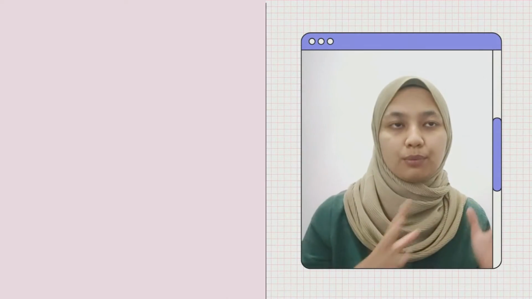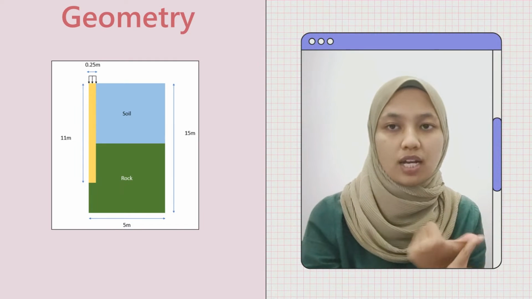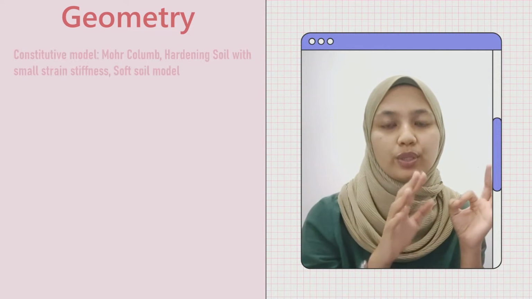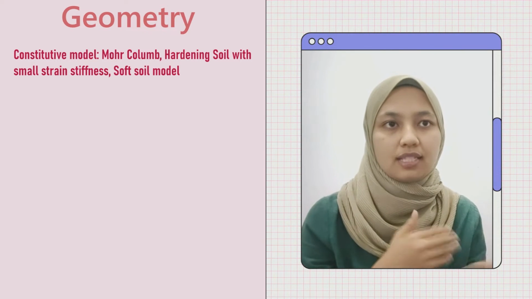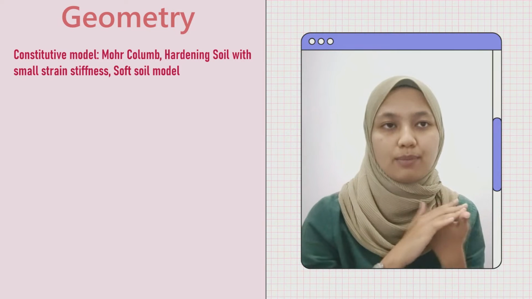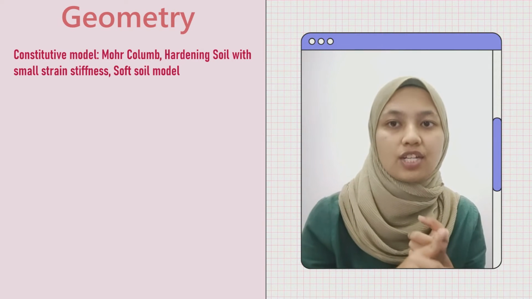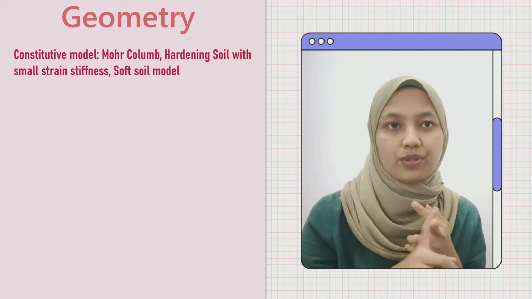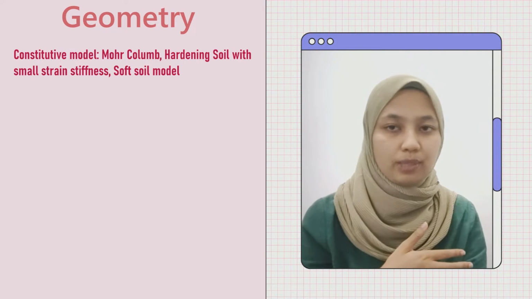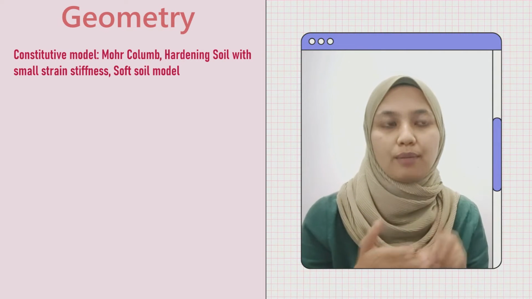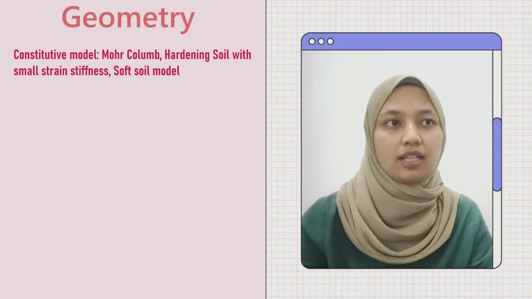Let's move on to the geometry model, where the model consists of three materials: soil, pile, and rock. There are three types of constitutive model used for soil materials, which include the Mohr-Coulomb model, MC model, the hardening soil model with small strain stiffness, HSS model, and also the soft soil model. These three constitutive models are used for soil material, while rock and piles use a constant consistency model.